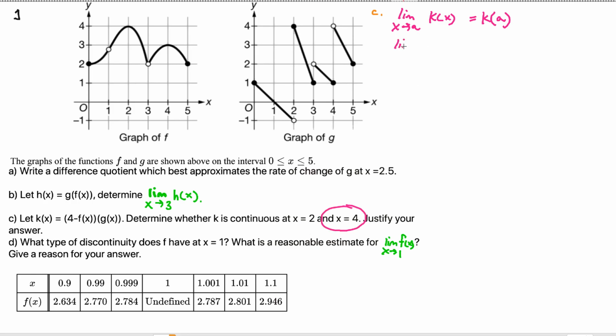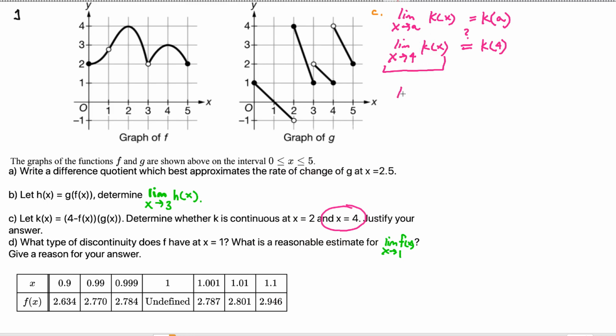I want to find out, is it true that the limit as x goes to 4 of k of x equals k of 4? In order for this equality to be true, this limit first has to exist. So you first have to analyze what this limit actually equals.